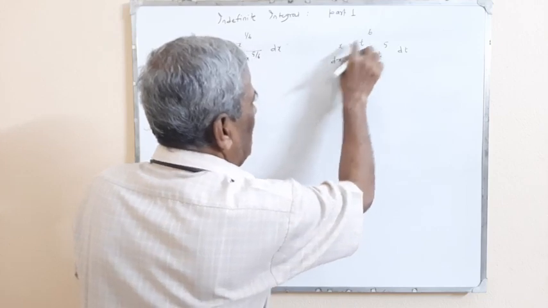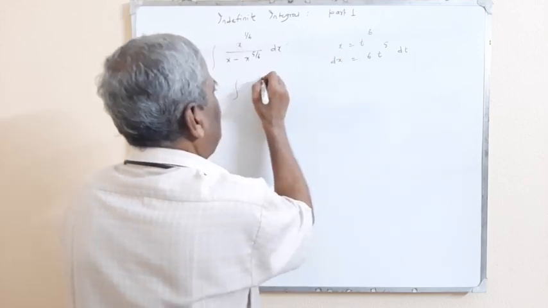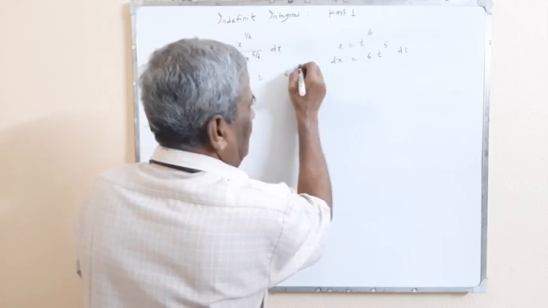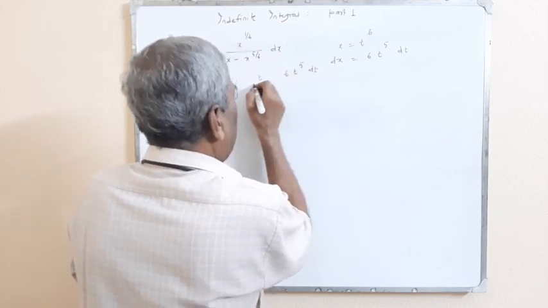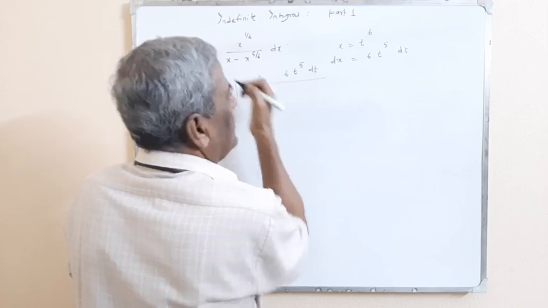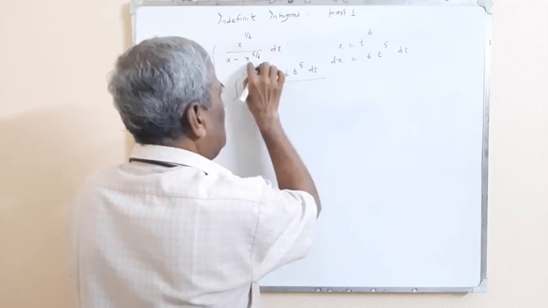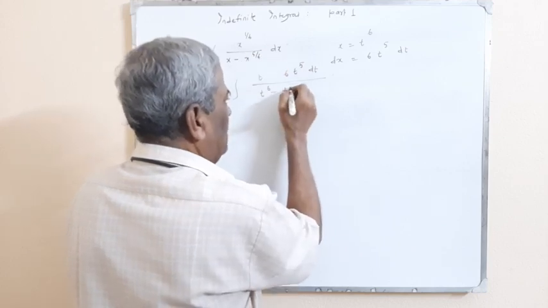X to the power 1 by 6 is t. Dx is 6 t to the power 5 dt, and x is t to the power 6, minus x to the power 5 by 6, t to the power 5.